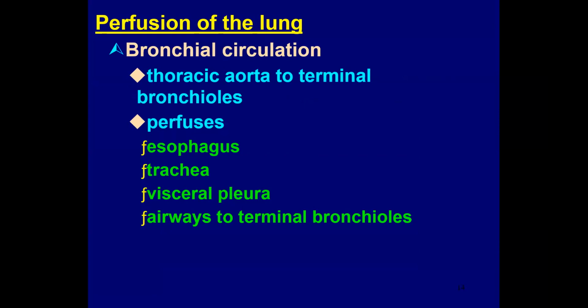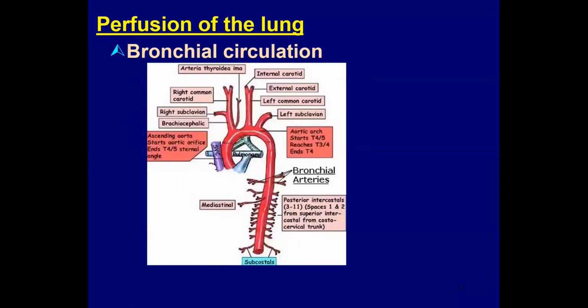So it perfuses the esophagus, the trachea, the visceral pleura, and the airways to the terminal bronchioles. So it is the bronchial circulation that keeps our airways alive. And this is a picture of the bronchial circulation. You see, it perfuses the airways.